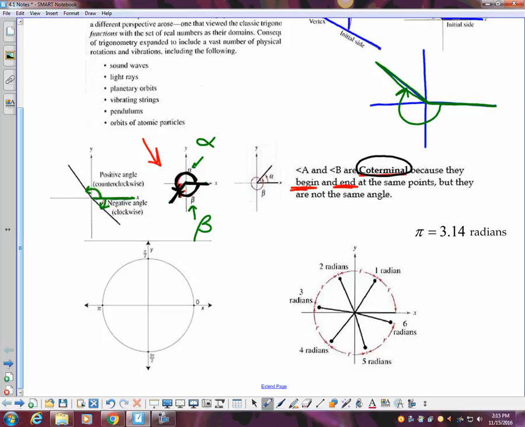Okay, now look at this next example, and I can draw it a little bit bigger. For alpha, this is my initial side, this is my terminal side, and there's alpha. Small angle, probably around 45 degrees. And then if we look at angle beta, it starts on the same initial side, but it loops all the way around and then hits the terminal side.